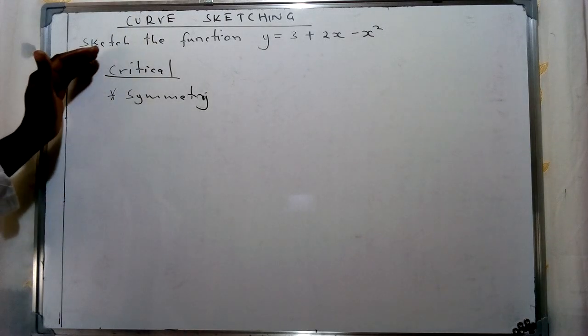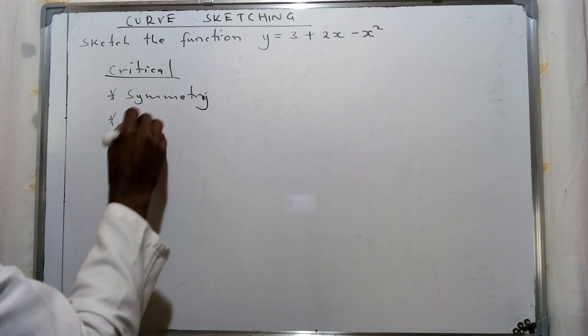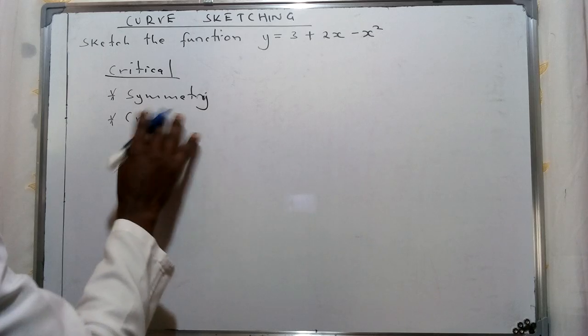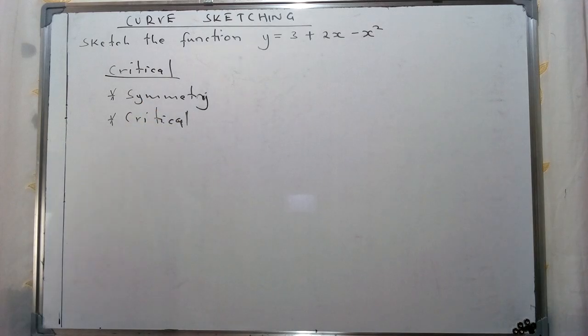So for us to sketch this particular function, we need to have a knowledge of the concept of symmetry. For that specific case, we also need a knowledge of the critical points, which we have extensively done, particularly the stationary points in our previous videos, and the points of inflection.